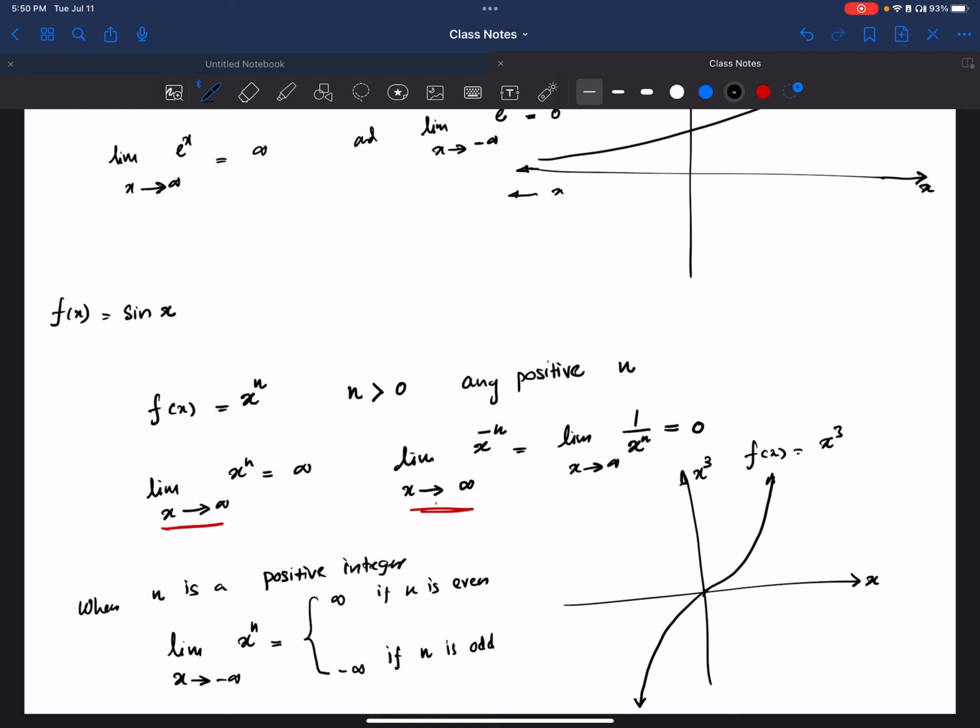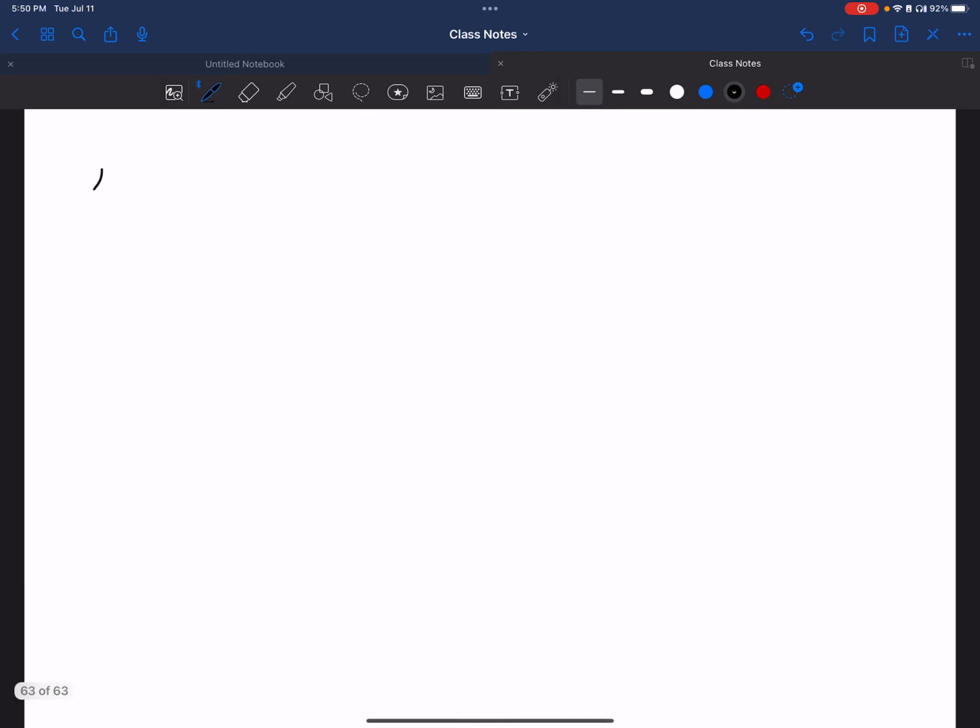And the next thing is, if you consider the limit as x goes to negative infinity of x to the power negative n, it doesn't matter whether n is even or odd, the limit of x to the power negative n goes to 0, for all the positive numbers n greater than 0.